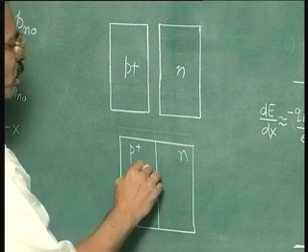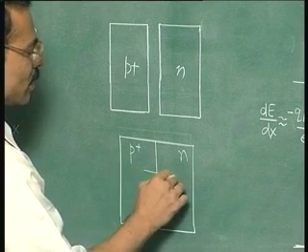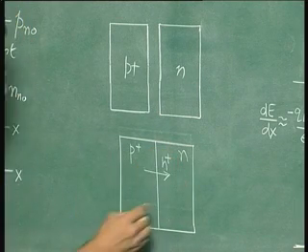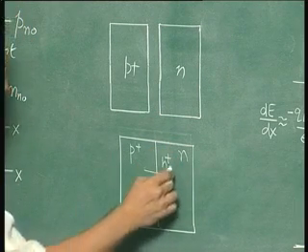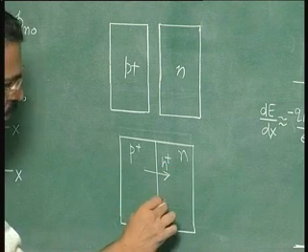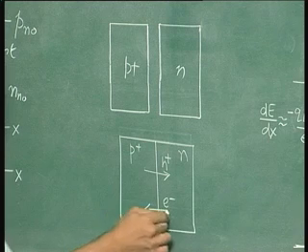Therefore, there is a diffusion tendency. This causes movement of holes from left to right. Similarly, because of the diffusion tendency of electrons, there is a movement of electrons from right to left, from N to P region.